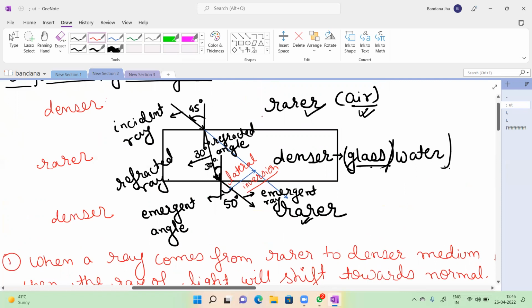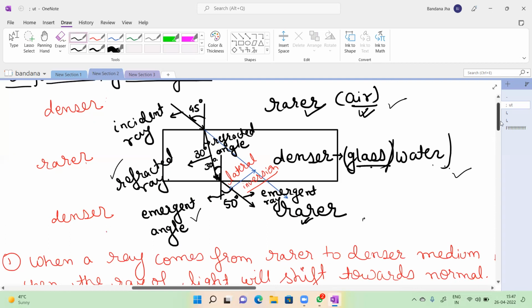Correct? Now, when the ray of light comes from rarer to denser medium, it will move towards the normal. So that ray of light is known as what? Emergent ray in that case. But here, the ray of light comes from rarer to denser medium, that ray is known as the refracted ray. Now the ray of light comes from denser to rarer medium, that ray is known as the emergent ray.